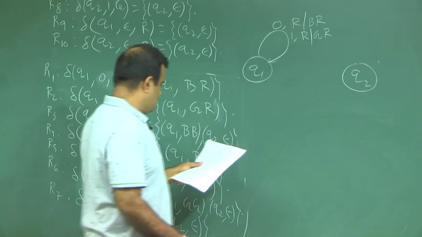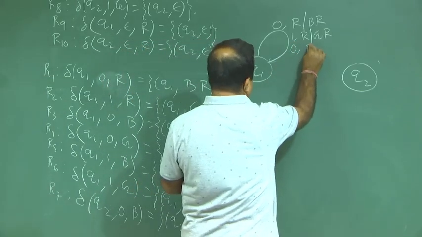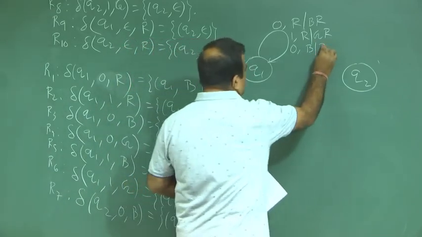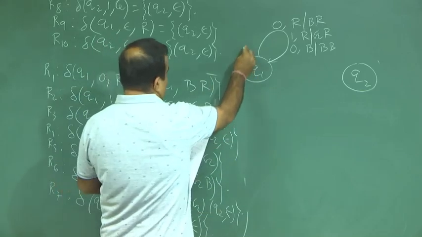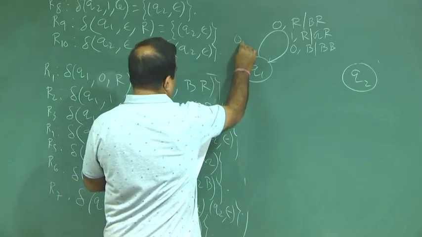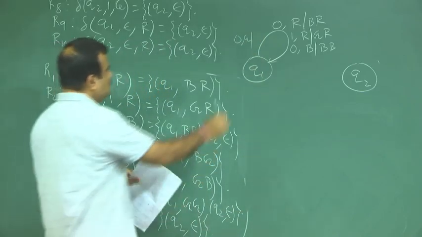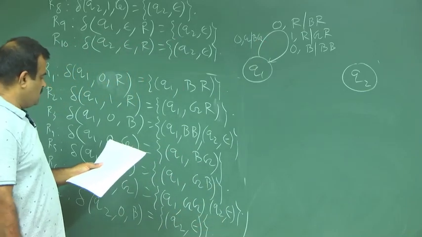Like this. Let me complete this: 0, if we see a B, it will be B B, and if we see a 0 G, then it will be B G, with the same state remaining.